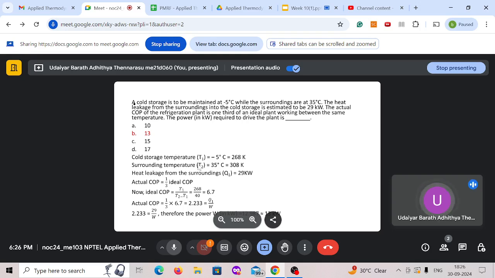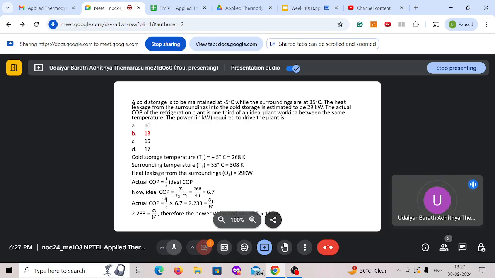So cold storage temperature, so evaporator temperature is -5, which, converting it to Kelvin, is 268 Kelvin, and the surrounding temperature, this is the ambient temperature or the condensing temperature in this case, is 35 degrees Celsius. Converting that into Kelvin, it will give you 308 Kelvin. Heat leakage from the surrounding is 29 kilowatt. The actual COP is 1/3 of the ideal COP.